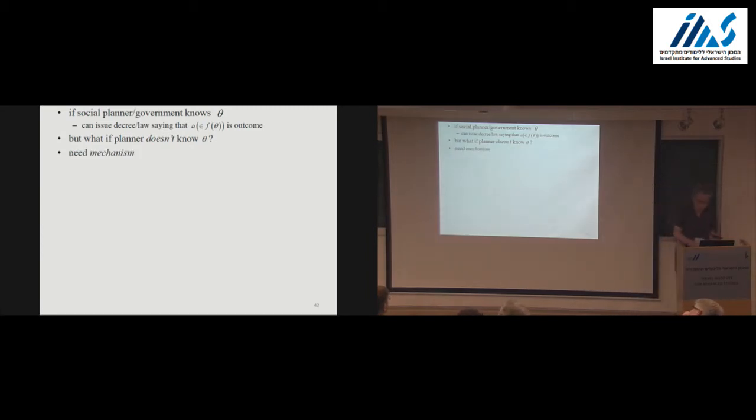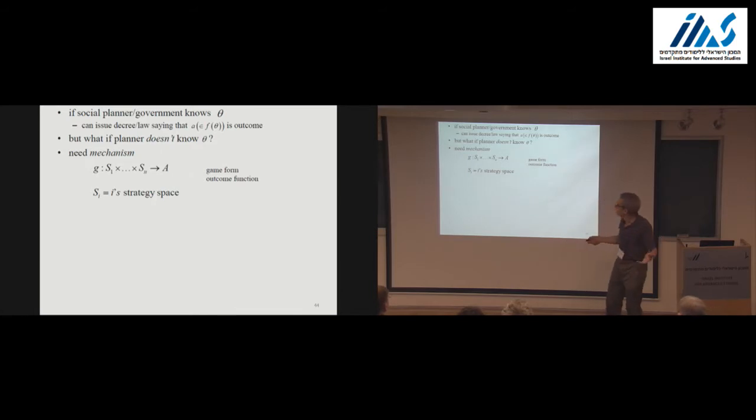through a mechanism. What is a mechanism? It's simply a game form from strategy spaces to outcomes. So G is sometimes called a game form or an outcome function. It differs from a standard game in game theory because it doesn't specify the payoffs. It specifies the physical outcome.